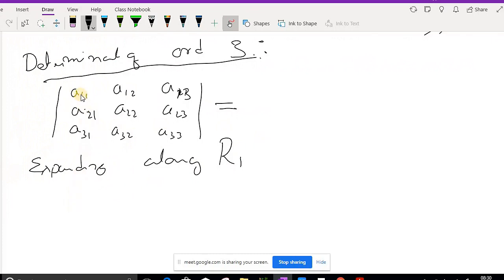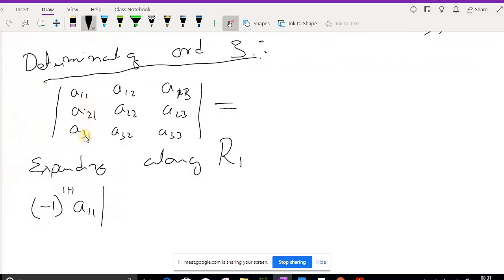Expanding along R1, what will it be? You have to write the minus symbol first, minus to the power of what? The position is 1 1, so this will be 1 plus 1, a11. Then the determinant of A2. Now we are expanding along the first row, so the first term is a11. Then minus 1 to the power of its position, which is 1 plus 1.